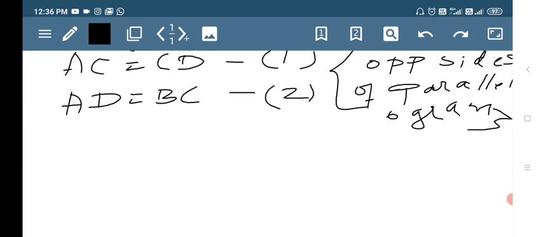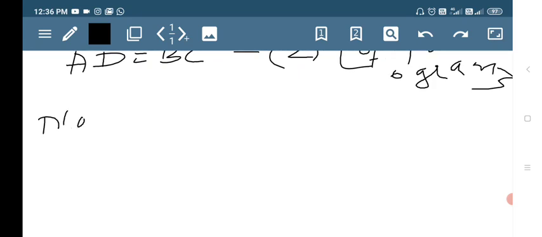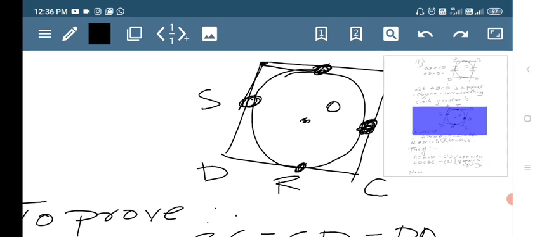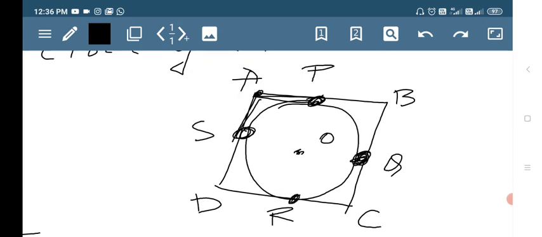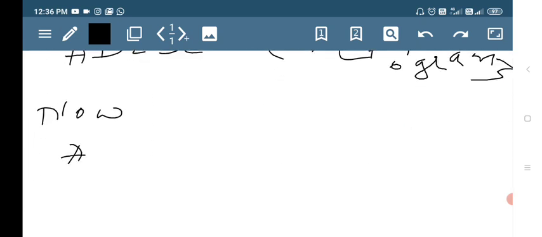So next, now I am taking AP is equal to AS.